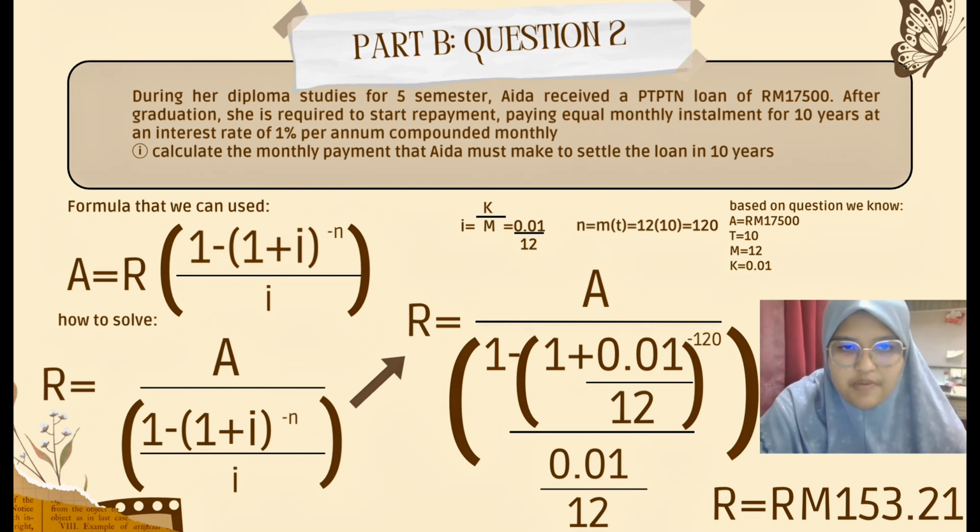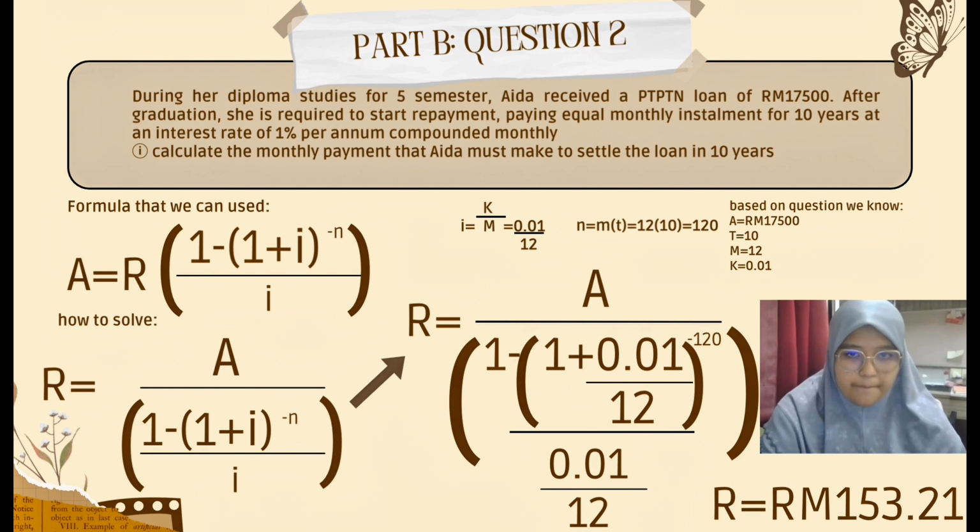So we can see that from the question, they are asking for the monthly payment. So the formula that we can use is A equals R times the expression 1 minus 1 plus i to the power of negative n, over i. But since we are asking for the monthly payment, we are searching for R, so we must move A to the other side and R to the other side, so it becomes like this.